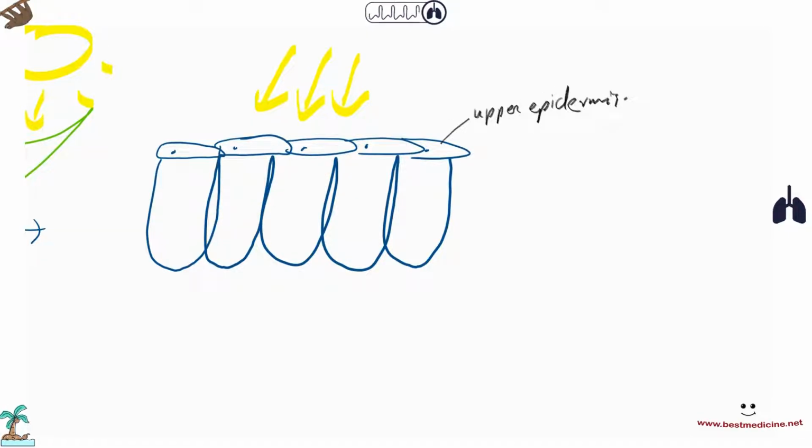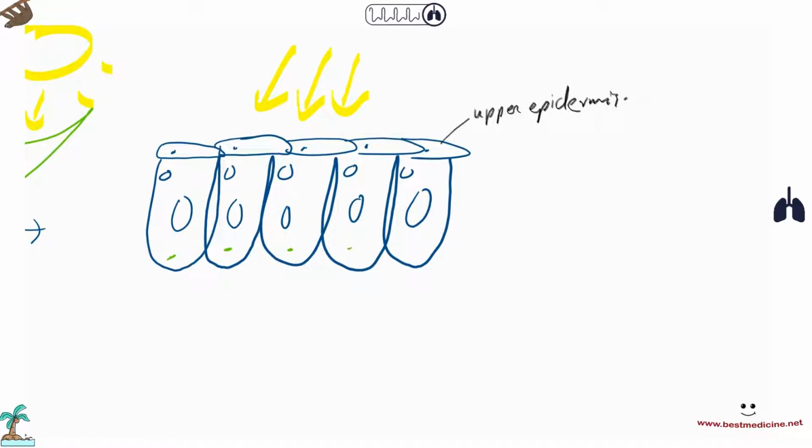Then this particular layer here has the nuclei and the vacuoles, and it also has a lot of chloroplasts. It's the richest in chloroplasts, so this will be the one doing the most photosynthesis and making the most glucose.